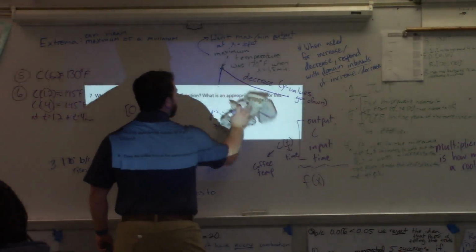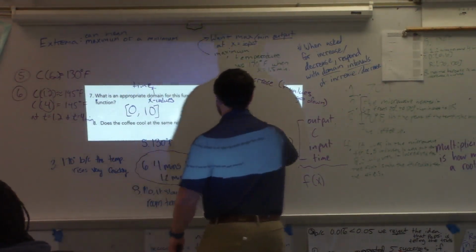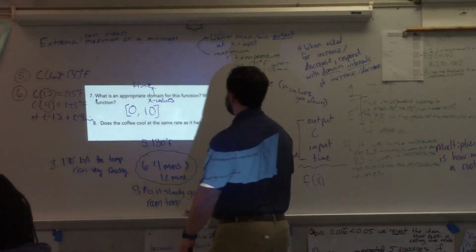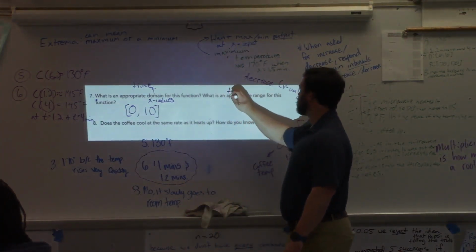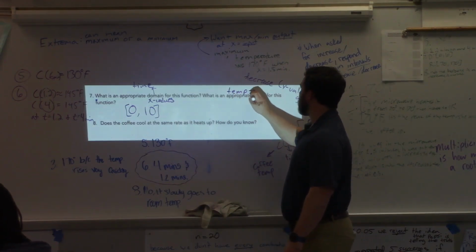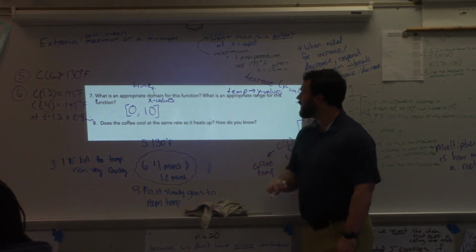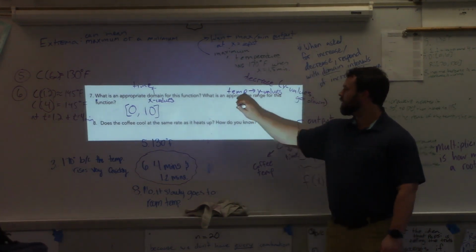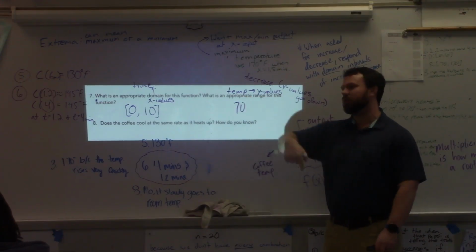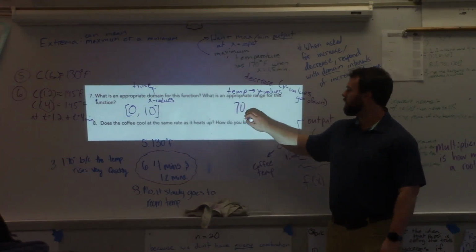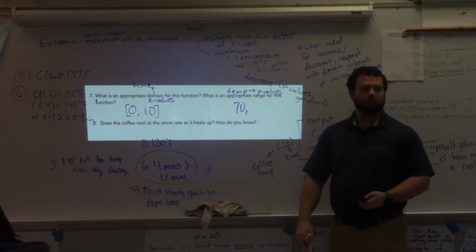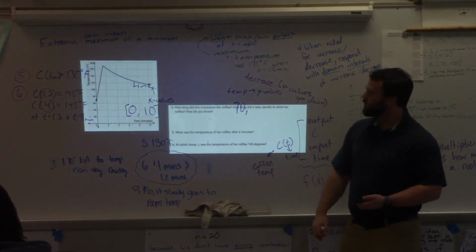So what about the range? The coffee temperature. Okay, so the temp, which is my outputs or y values. And so what do I need there? Why only 70? Why did you go all the way down to 0? It doesn't go all the way down.